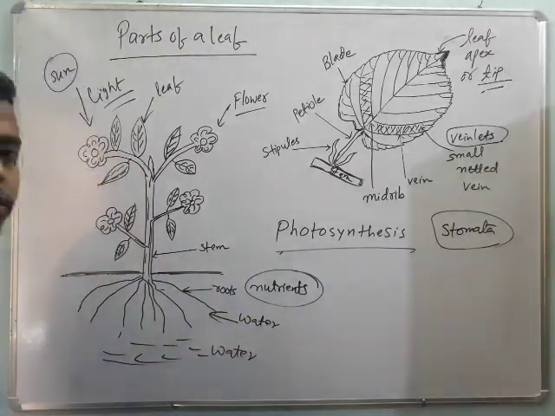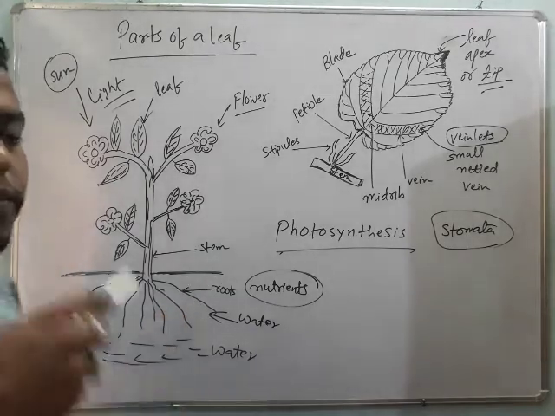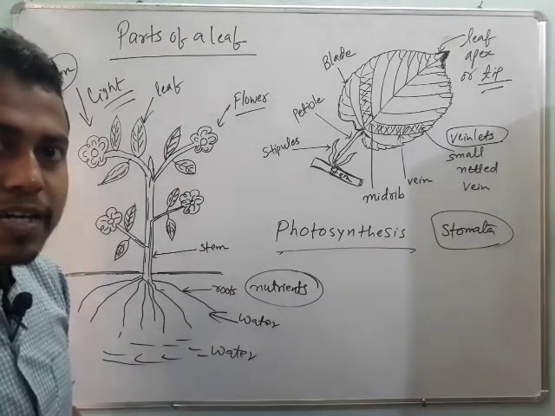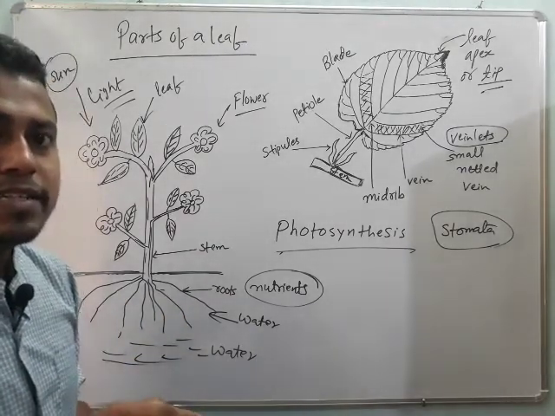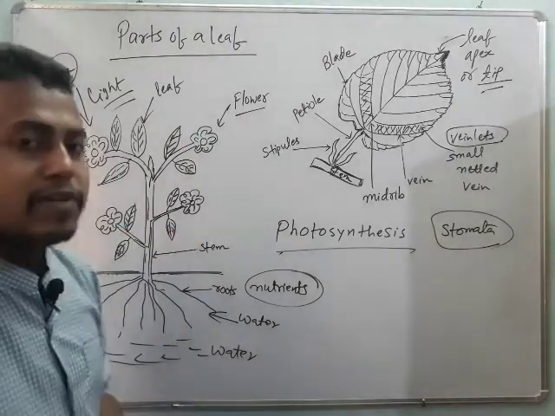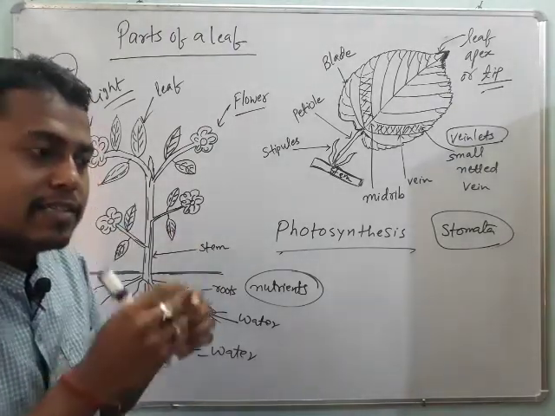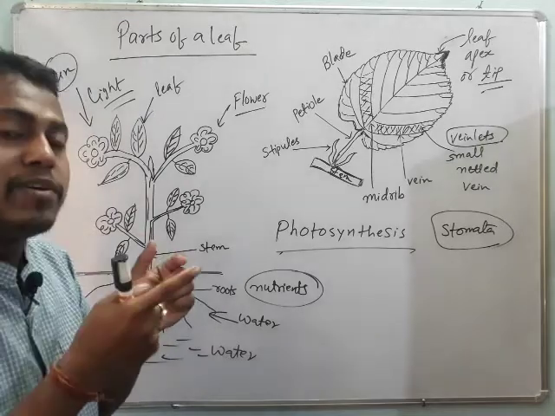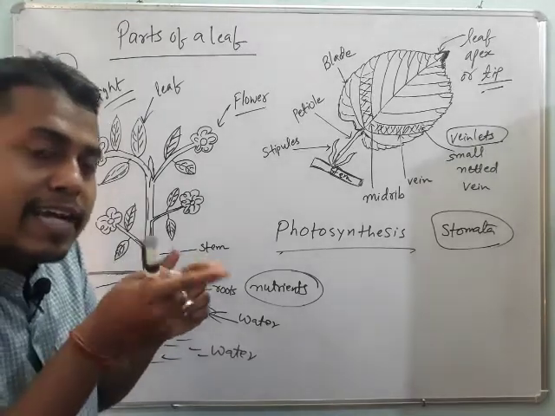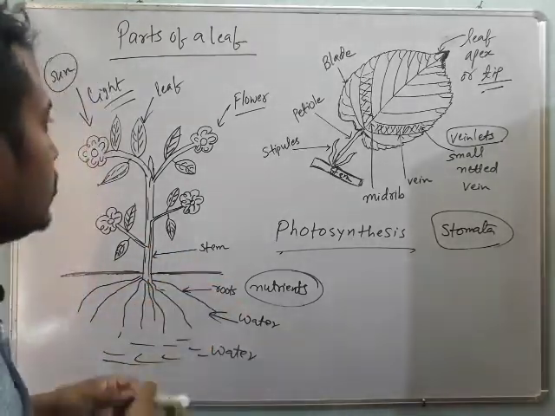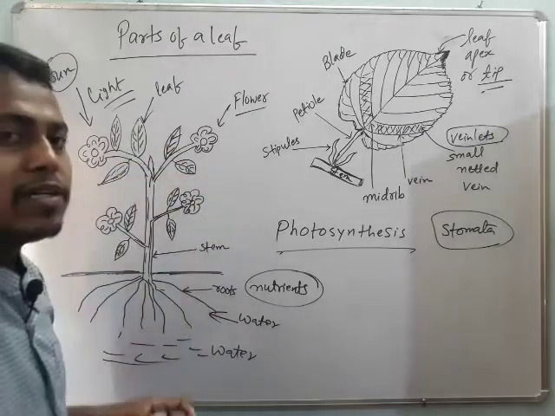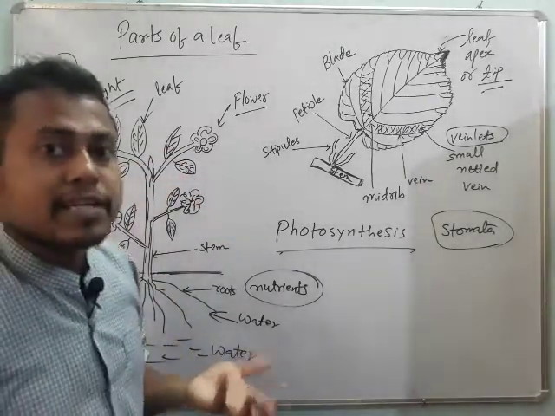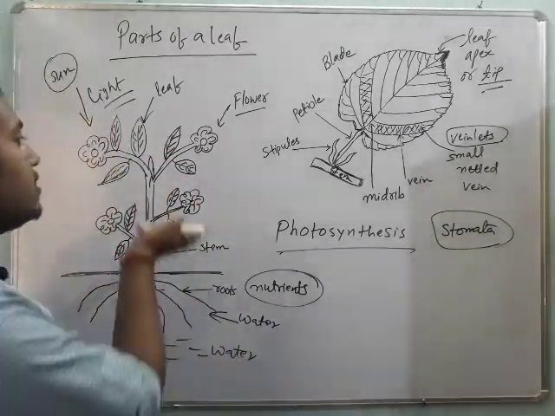When sunlight falls, in the form of energy, that energy works with carbon dioxide, and that gives glucose. Glucose means what? Energy.